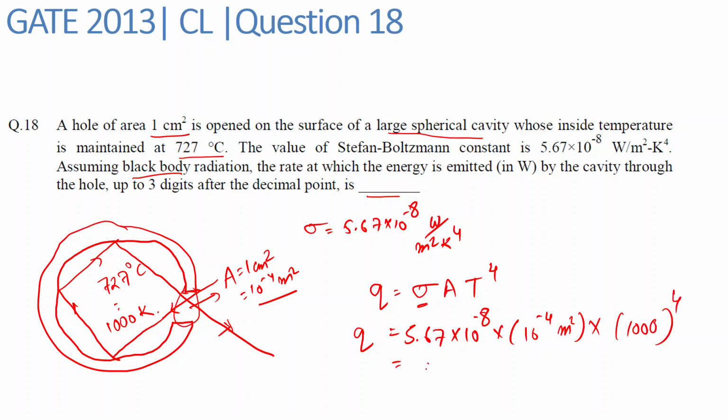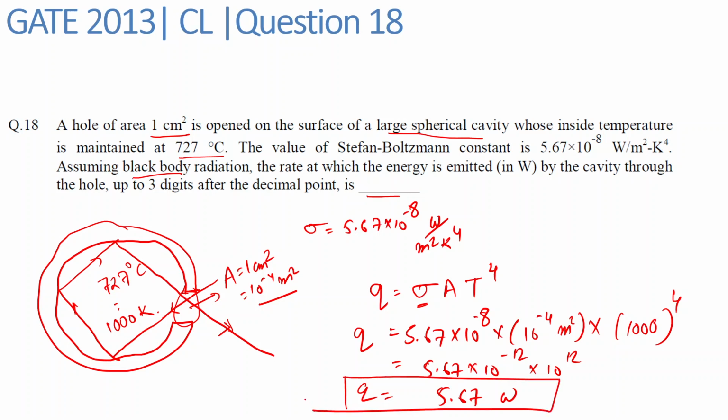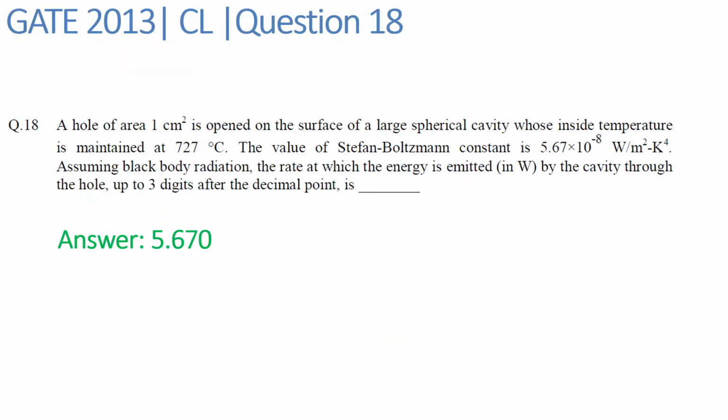So this will become 5.67 into 10 raised to minus 12 into 10 raised to 12, that is 5.67 watt. In this question we had to find this up to 3 decimal points, so we will report our final answer, the rate at which energy is emitted in watt, as 5.670. So this is our final answer.